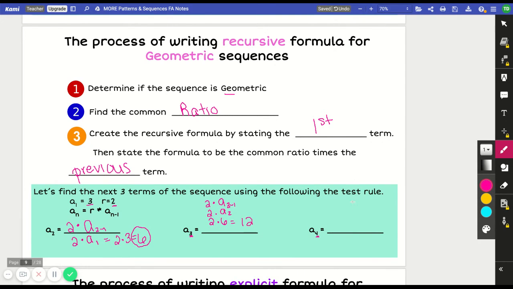Same thing with the fourth term. We do 2 times A sub 4 minus 1. That gives us 2 times A sub 3. We found that A sub 3 is 12. So we do 2 times 12, and that gives us 24.